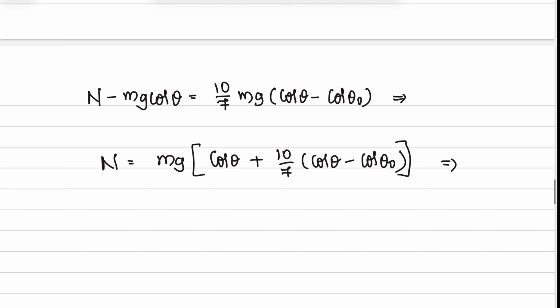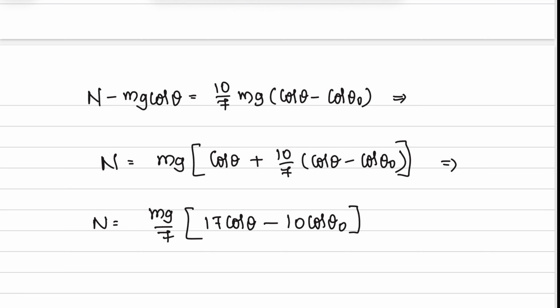That implies N is equal to mg by 7 into 7 cos theta plus 10 cos theta is 17 cos theta minus 10 cos theta naught. This is how this problem is to be solved.